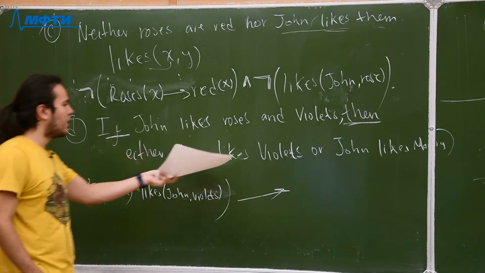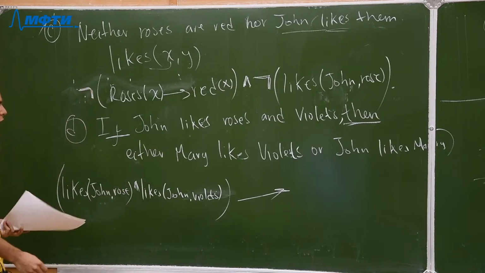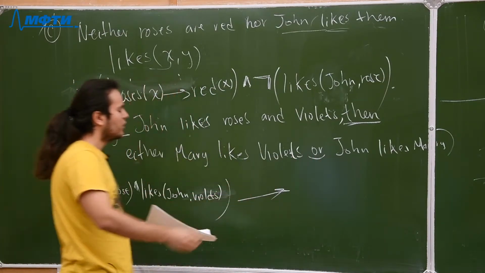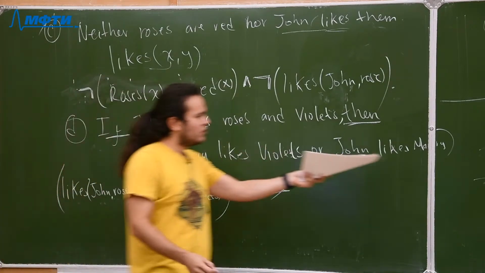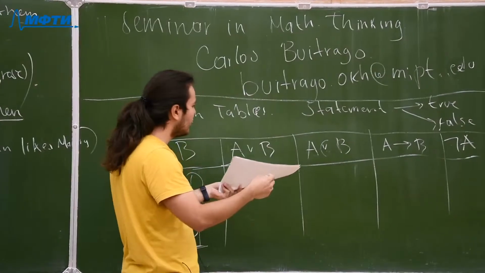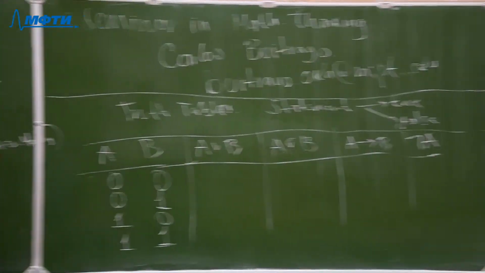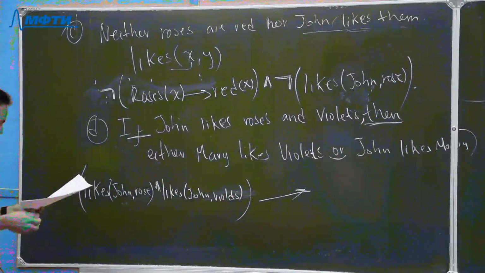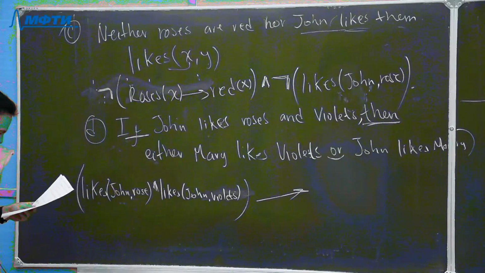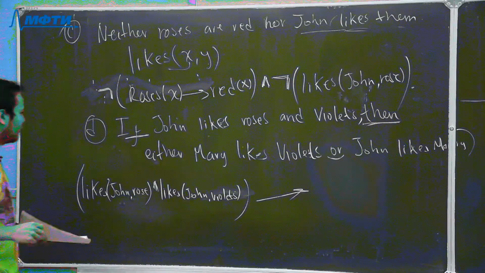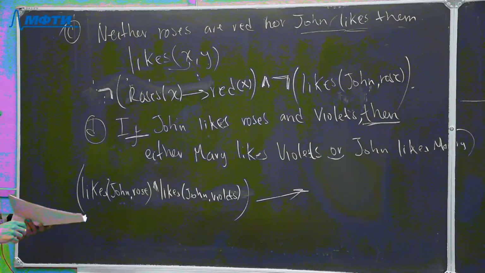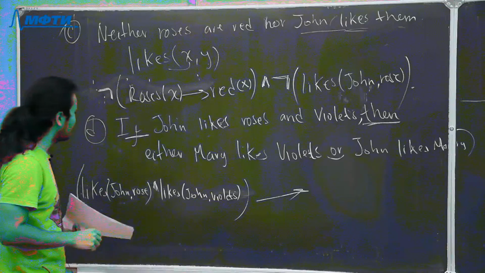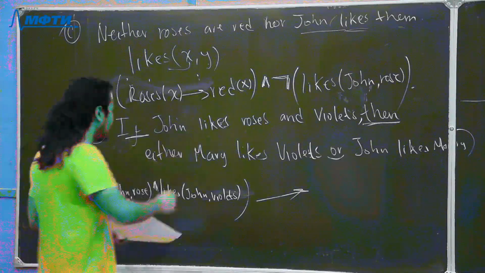Either Mary likes violets or John likes Mary. So we have here or, but this is not exactly this one, because it has to be one of them. So either or. Well, in this case, yeah, it's the same.